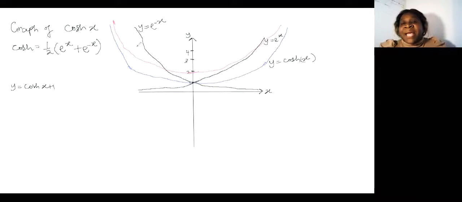So it will be that graph that is sliding itself up there. If you're sketching, you need to show y is equal to cosh x and show y is equal to cosh x plus 1. So this would be y is equal to cosh x plus 1.